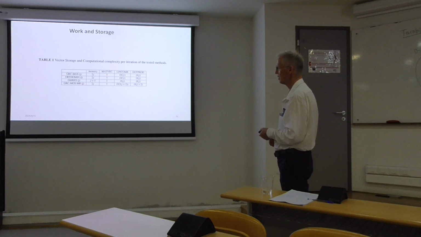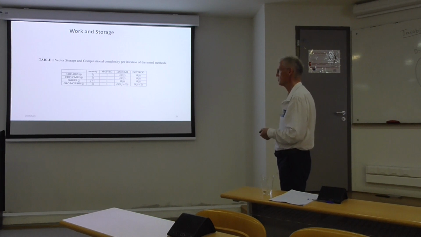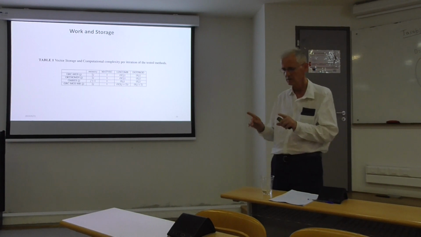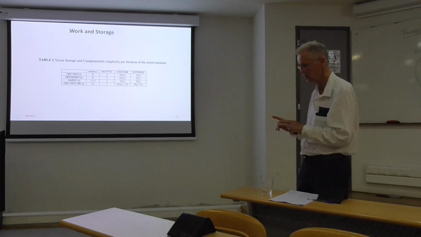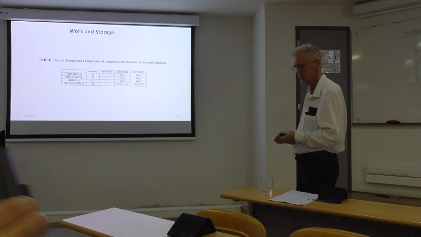GMRES J is a restarted method, but at most it also stores J vectors, actually J plus 1. And our GRC MGS MR J uses 2J. The reason is that the direction vectors are used, the phi vectors, but also H times phi. This seems a little bit severe.